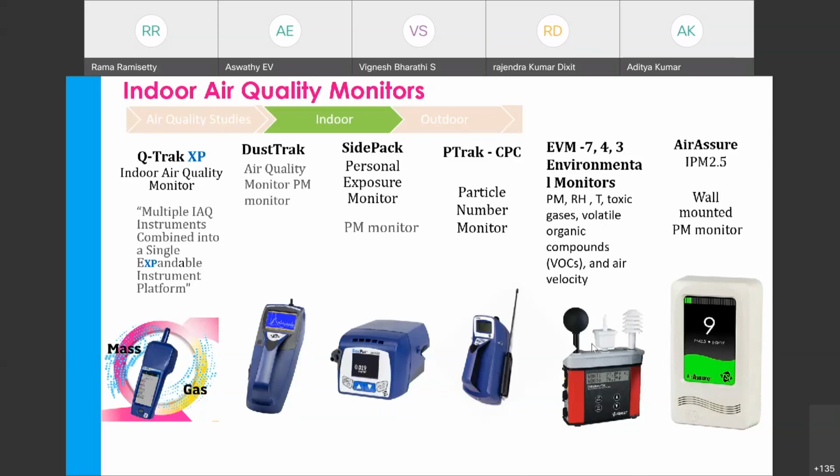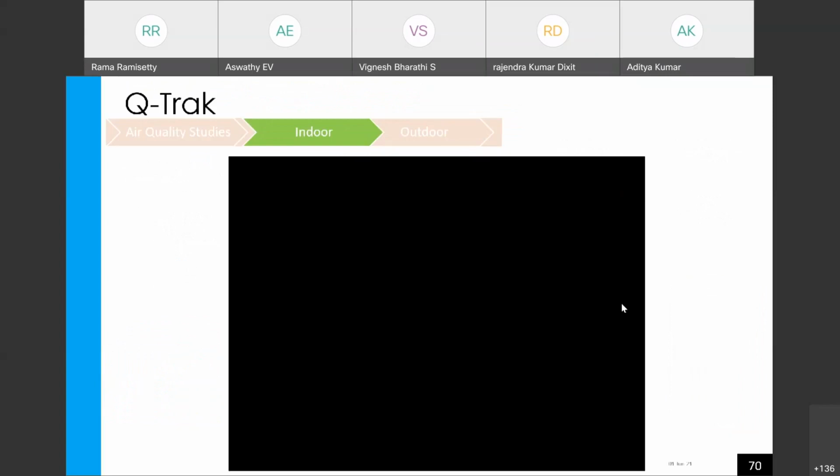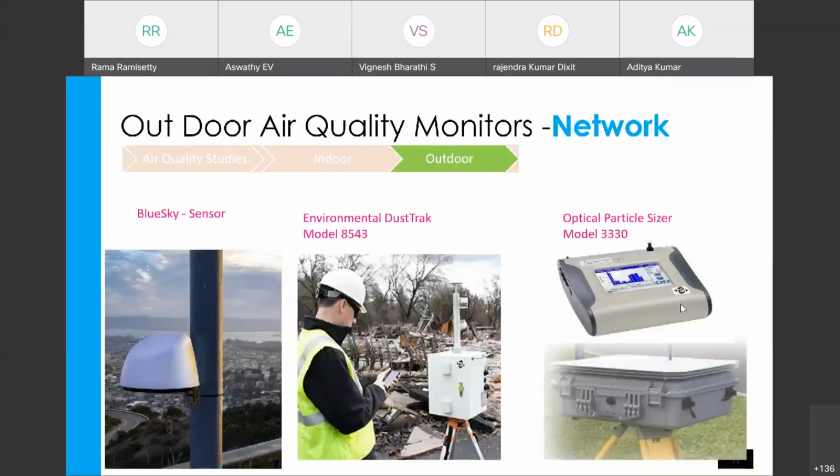So these are very suitable equipment: either QTrak, DustTrak, PTrak, or EVM7. You can choose any one of these. Or if you want something more research grade or much higher quality, then you can go for the optical particle sizer.